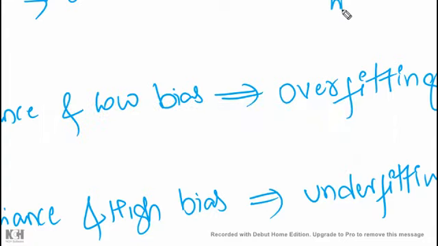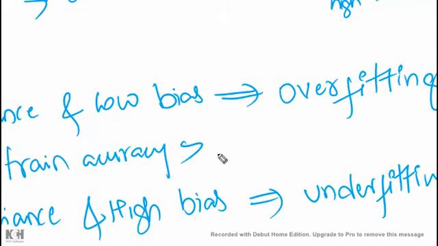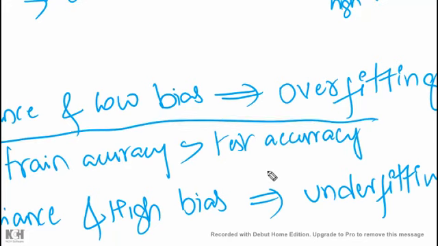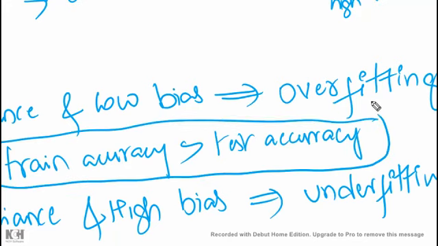Similarly, what is the meaning of high variance? Variance means test error, so high variance is high test error, which means low test accuracy. If you have low test accuracy and high train accuracy, that is, train accuracy is greater than test accuracy, then it is called an overfitting problem.